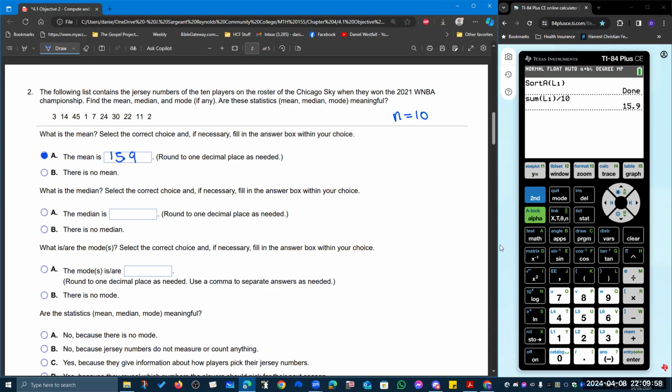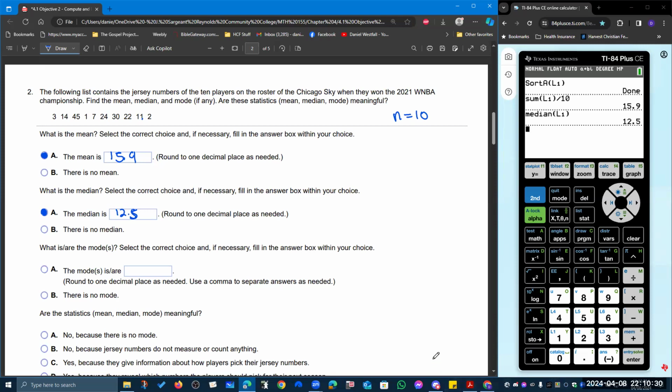And let's find the median of the list. List, median of L1. It tells me that the median is 12.5 because that's going to be halfway between a couple items in the list here, probably between 11 and 14.